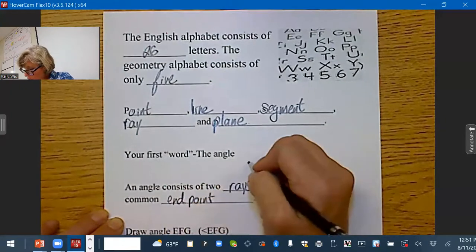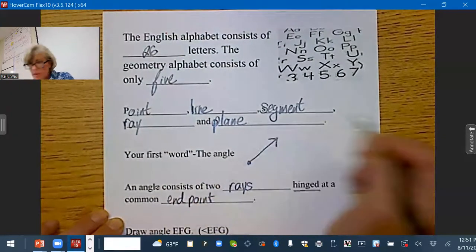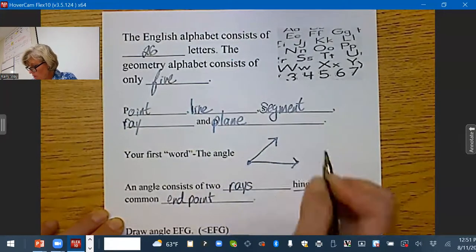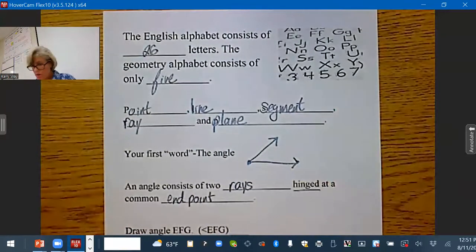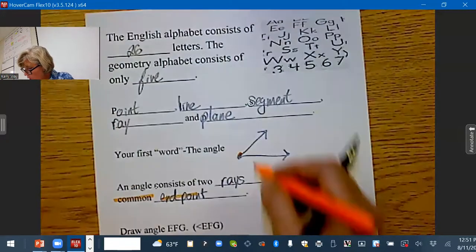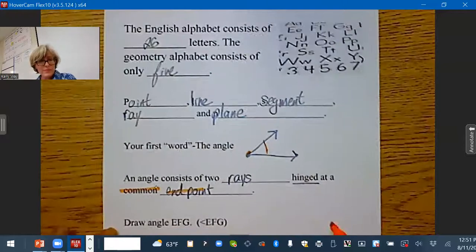So an angle looks like this. 1 ray and another ray hinged at a common, which means same endpoint. Ta-da! You have an angle.